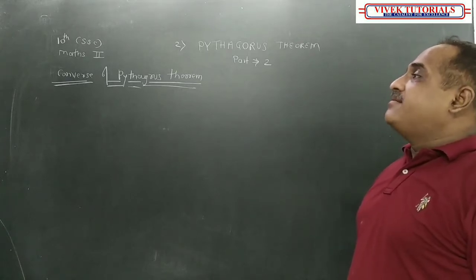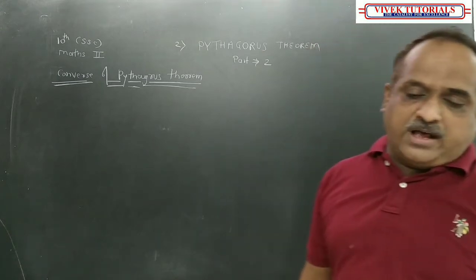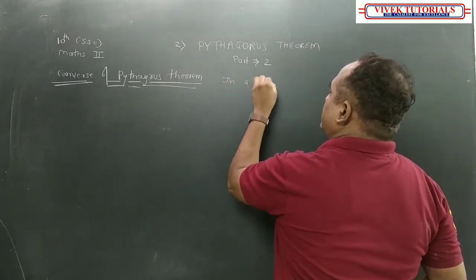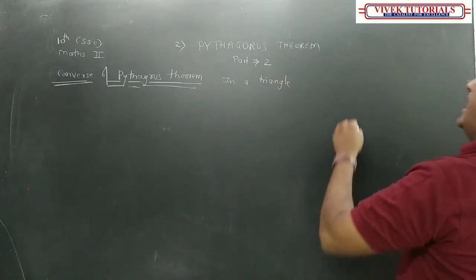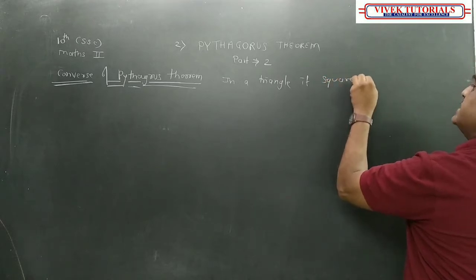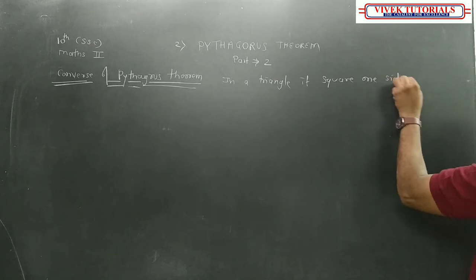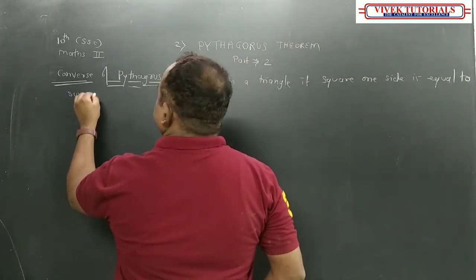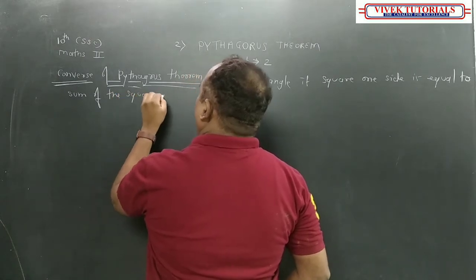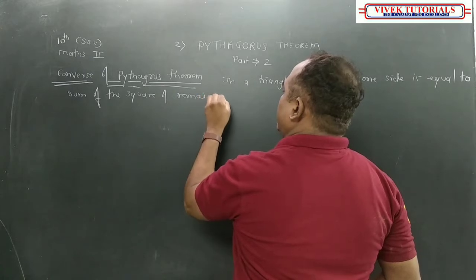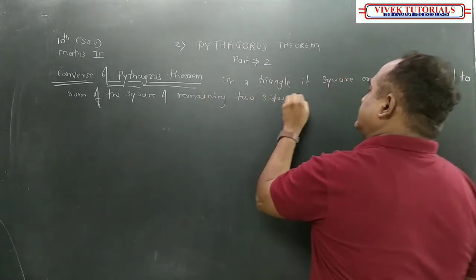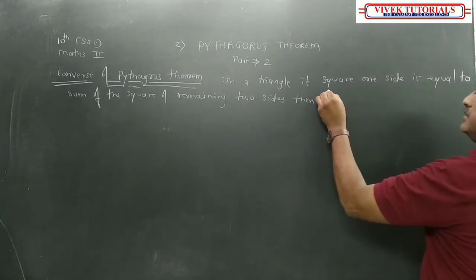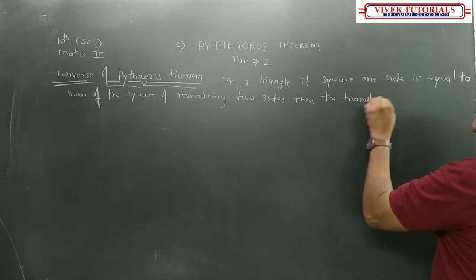In a triangle, if square of one side of the triangle is equal to the sum of the squares of the remaining two sides, then we can write that the triangle is a right angle triangle.